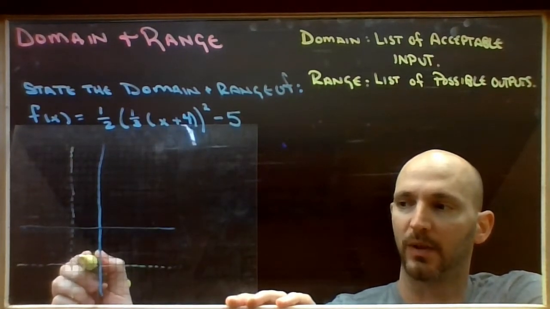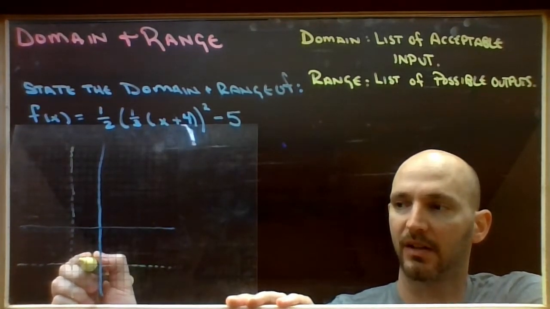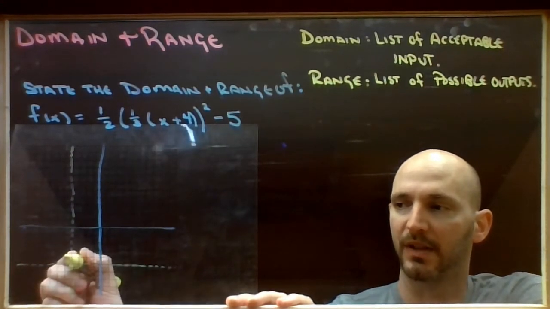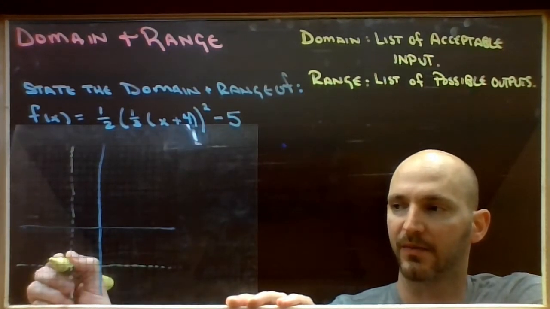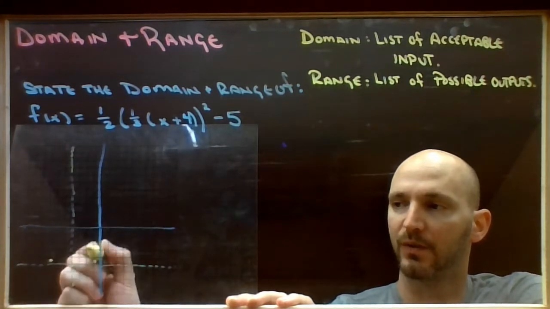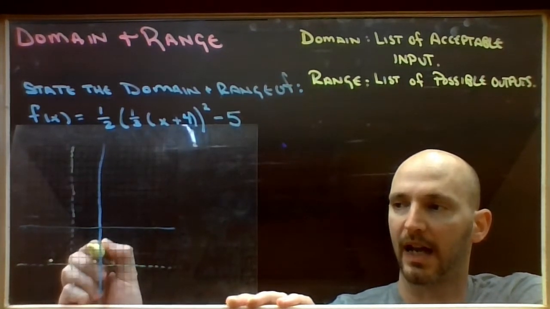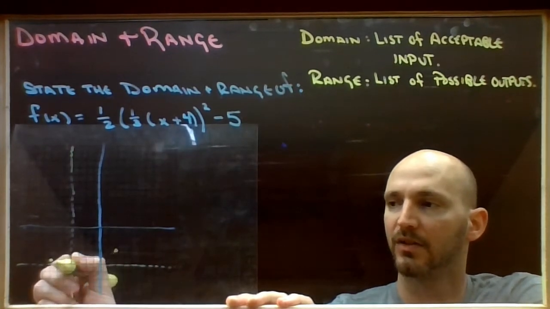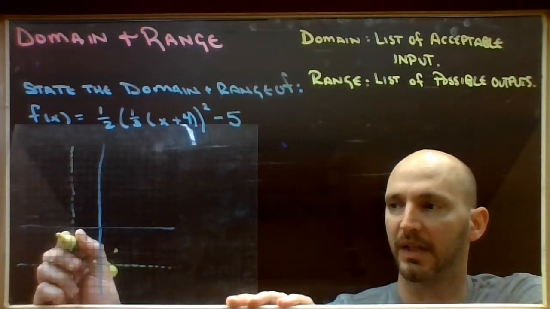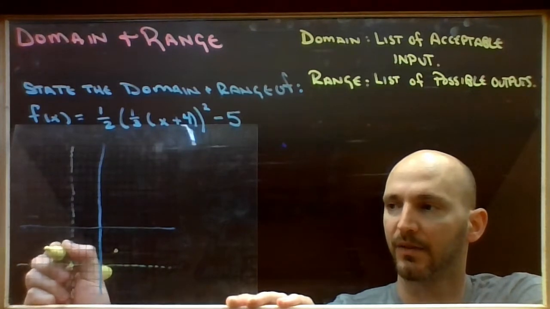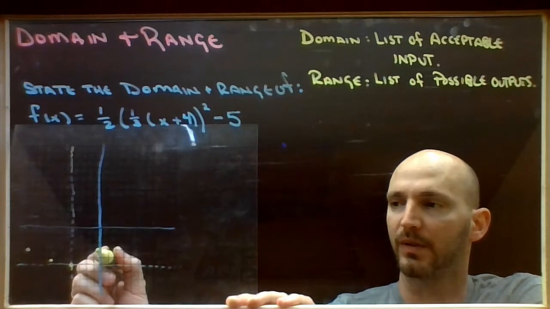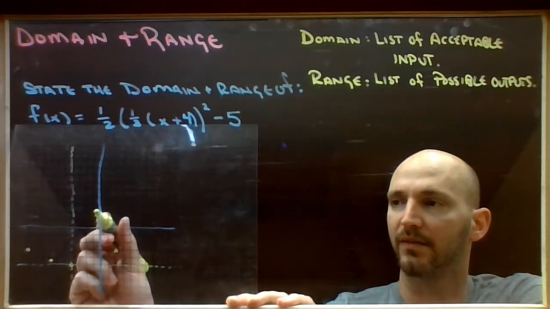This dot here, 1 and 1, should be half as high but 3 times as far. 2, 4 would be half as high, 3 times as far. 2, 3, 1, 2, 3, 4, 5, 6, 7, 8, 9.